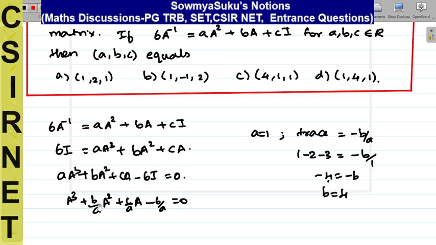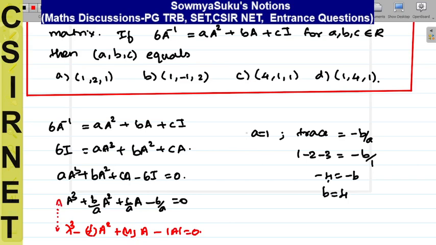Dividing by the leading coefficient, you will get A cube plus B by A square plus C by A minus 6 by A is equal to 0. This looks like the characteristic equation: lambda cube minus trace of A lambda square plus minor value lambda minus determinant A is equal to 0. So here you can see that the A value is equal to 1.